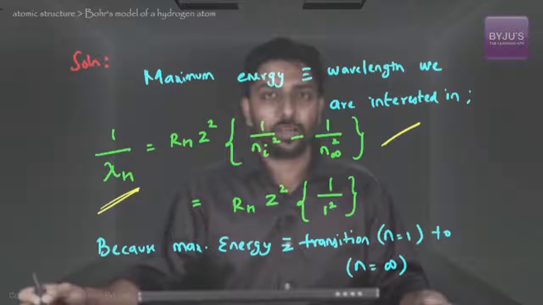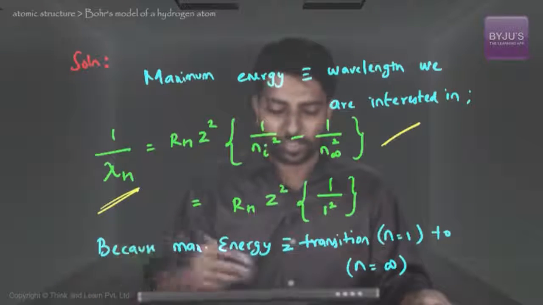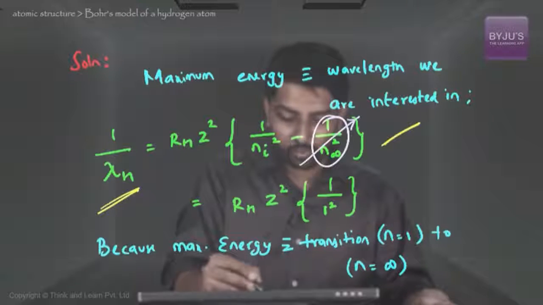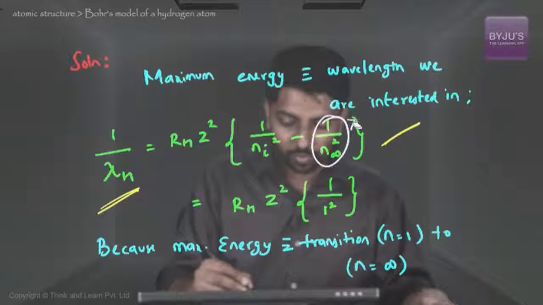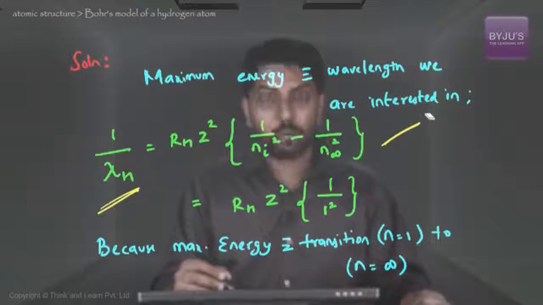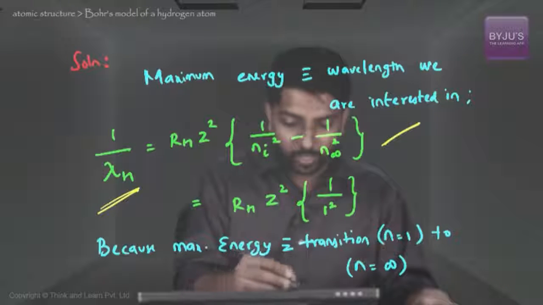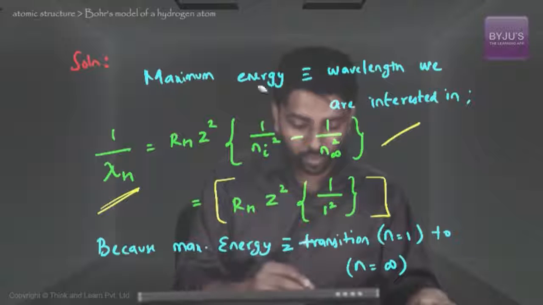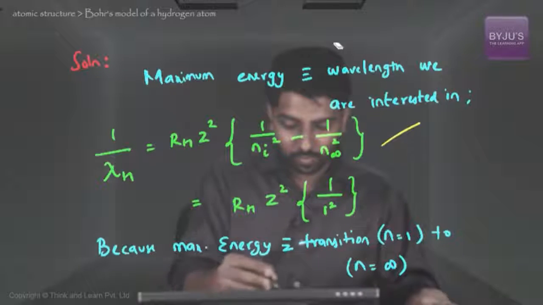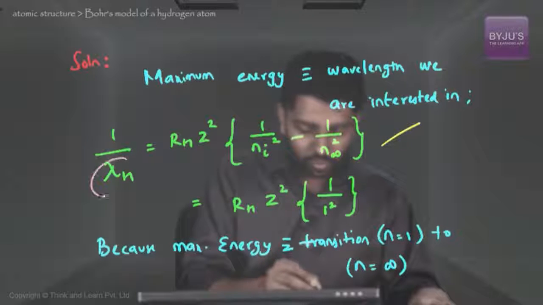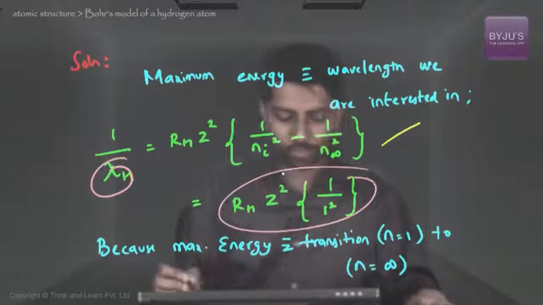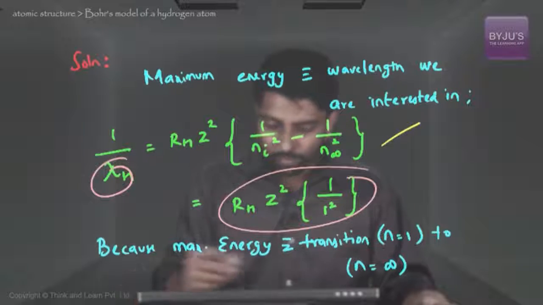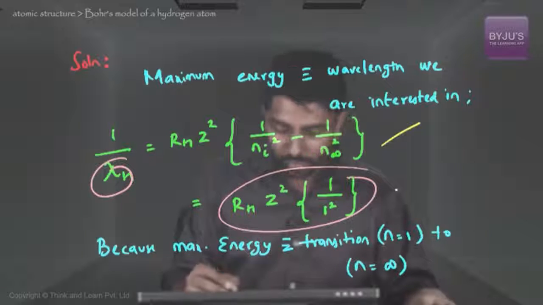Where n is equal to infinity, 1 by n infinity squared will vanish. It will become 0 and we are left with this. As you can see, this is directly related to this. So keep this as equation 1.